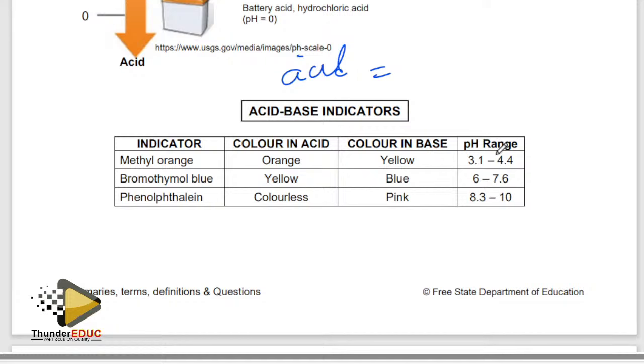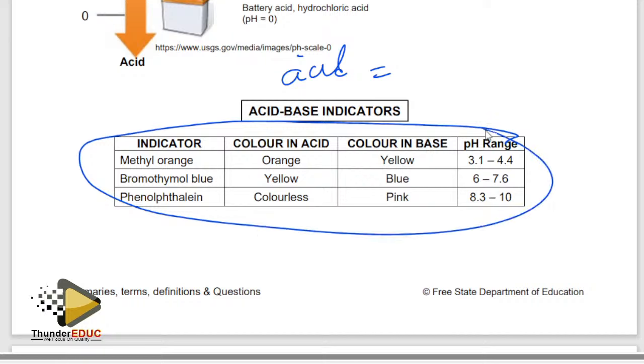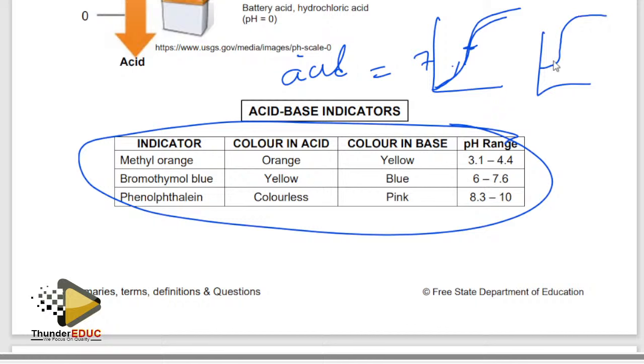The pH indicator is also good to know, but you also need to know the shape of the graph. If this is 7, and the curve starts from there and ends there, it means it is a strong acid, strong base. When it goes like this, it means it's a weak acid, strong base. And then when it comes like this, it's a strong acid, weak base.